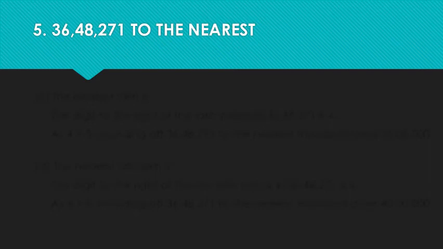Now children, in this question, we have the number 36,48,271. We have to round off this number first to the nearest lakh. So when we round off this number to the nearest lakh, we will first see the digit at the lakh position.